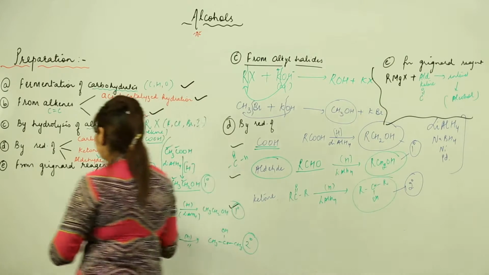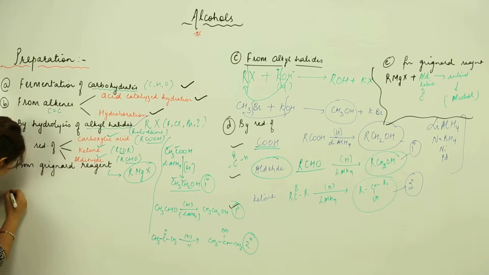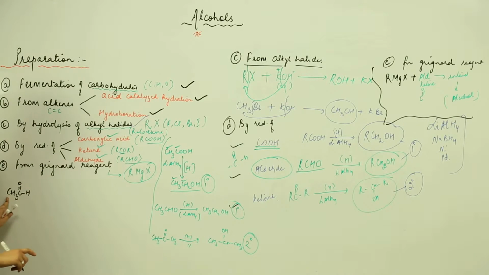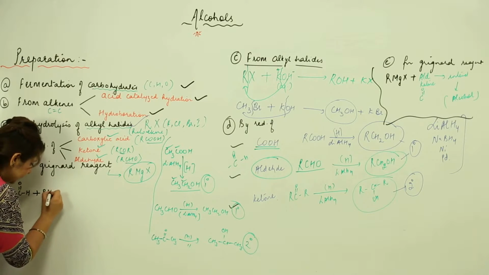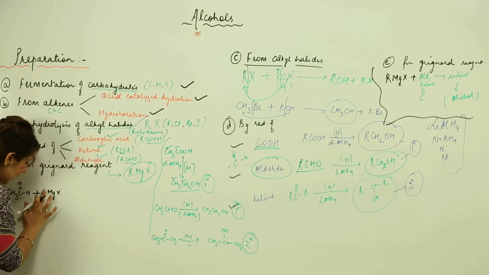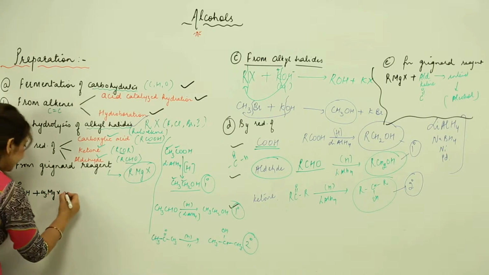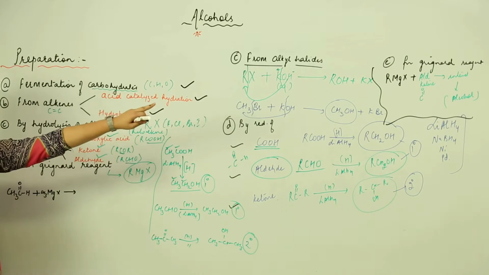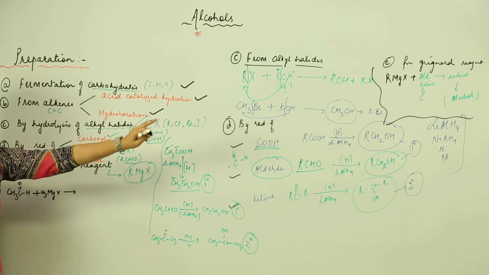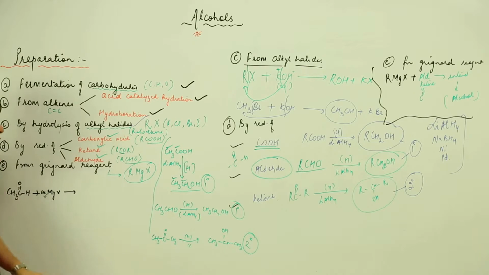Let's write it here. So this is my Grignard reagent. Suppose we take an aldehyde first. So this is my aldehyde, right. What is this? This is CH3CHO, that is ethanal. I am going to add Grignard reagent. Let's write this R as CH3. Then what is going to happen? I told you that it will result in the formation of an adduct or an intermediate or an addition product, whatever term you can use.